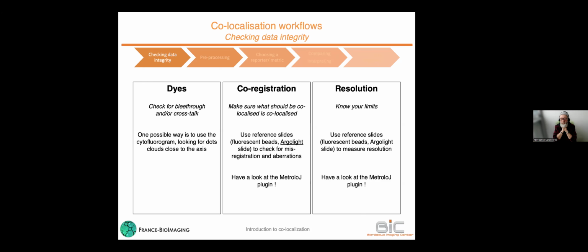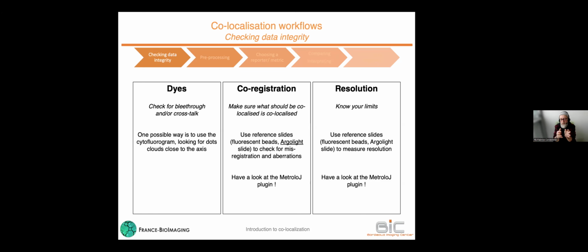Of course, and especially if you're talking about co-occurrence or correlation, you must make sure that when you're expecting the two proteins to be at the same location, they are indeed at the same location. And you've got plenty of parameters that can affect what is called co-registration, such as some aberration in your microscope, some misplacement of the filters in the microscope.